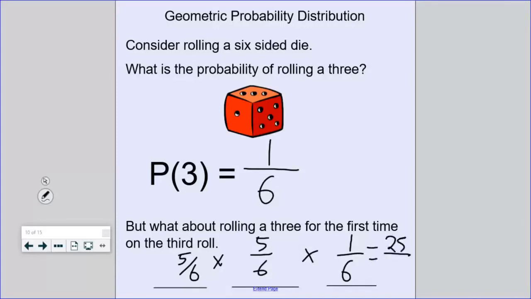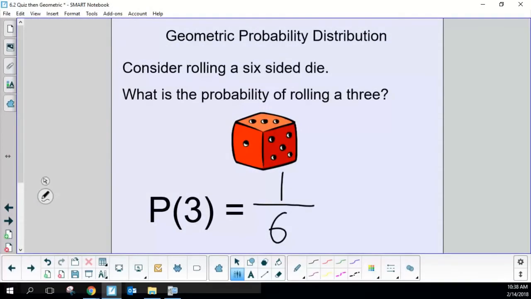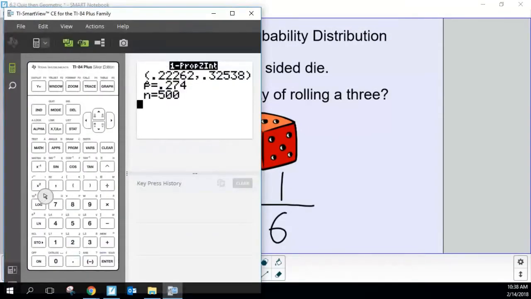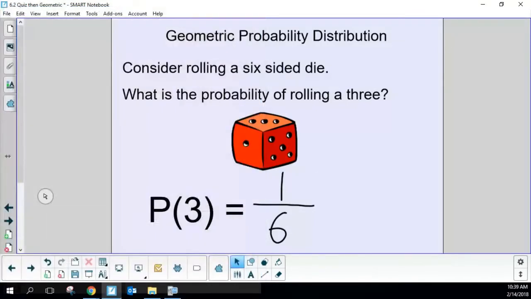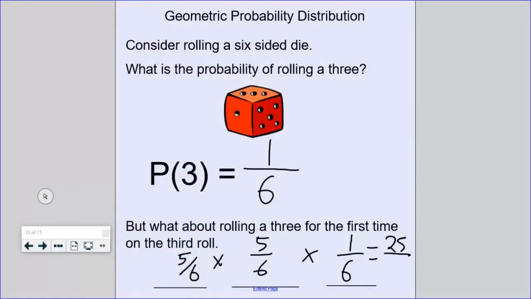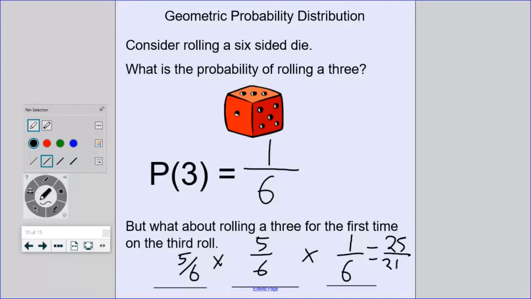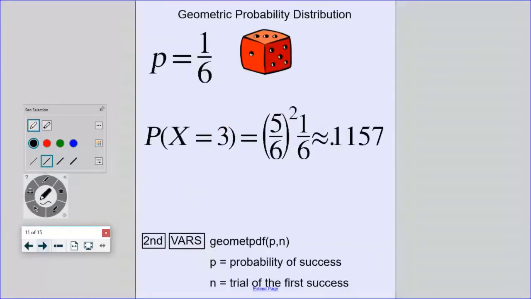And we're going to end up with 25 out of 6 times 6 times 6, or 6 cubed, 216. So 25 out of 216. And we put that in a calculator, we're going to find it's approximately 0.1157.